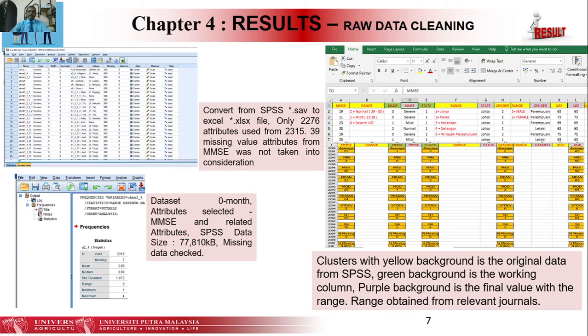Therefore, from a total of 2,315 attributes, we are only going to use 2,276 attributes.